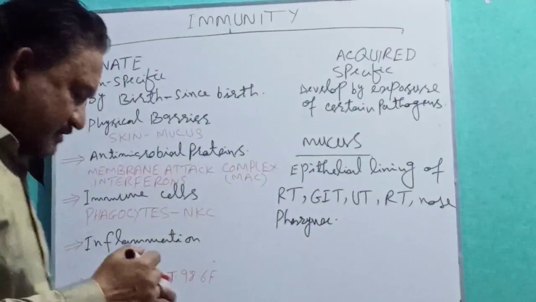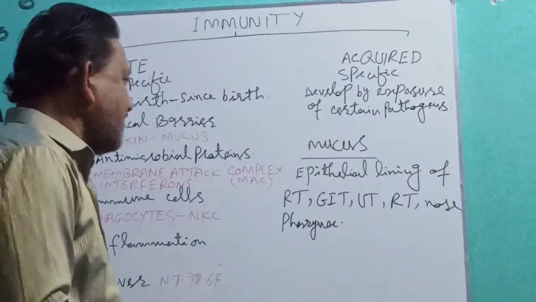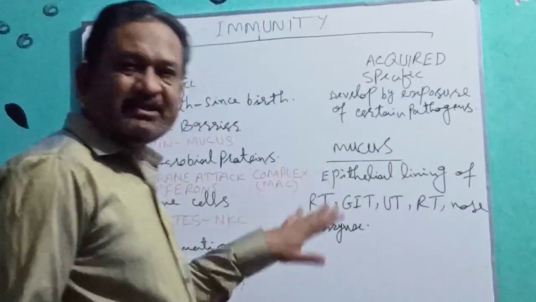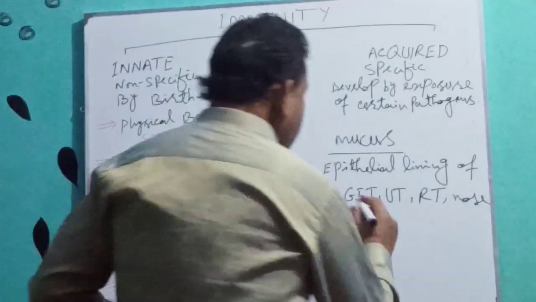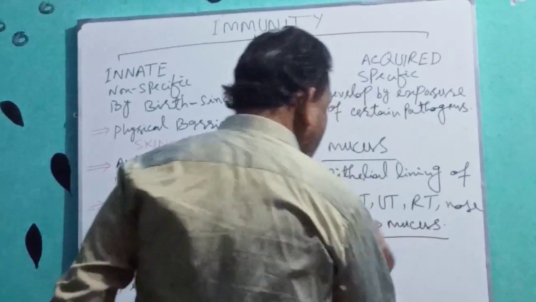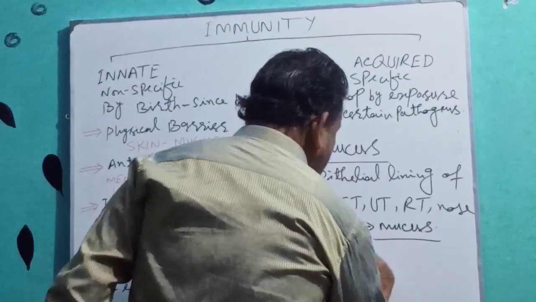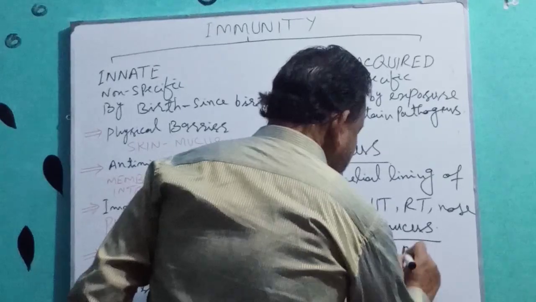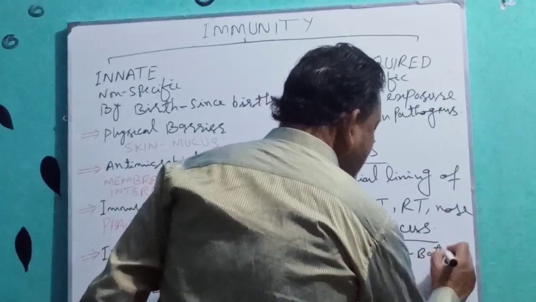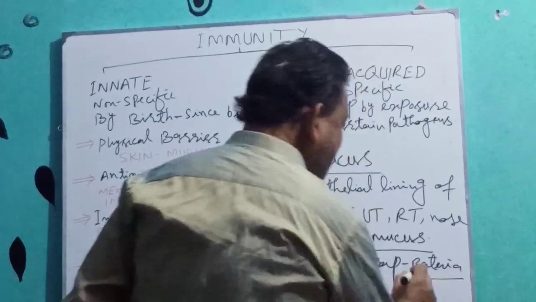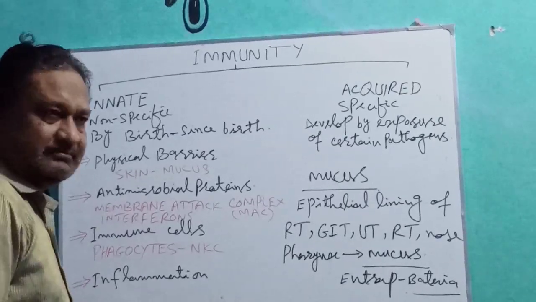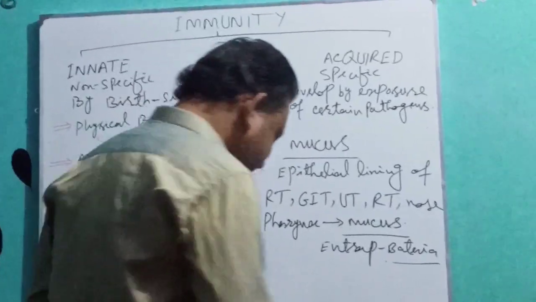The nose and pharynx are also part of the respiratory tract. So these are the epithelial lining mucus cells. They secrete mucus, and mucus entraps the microorganisms, the bacteria or viruses, etc. So these are the physical barriers, skin and mucus.